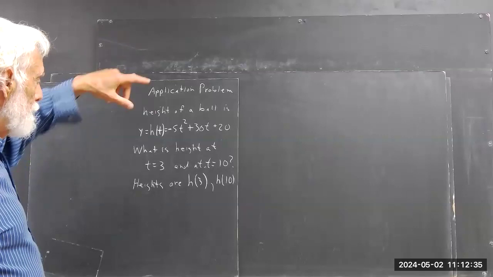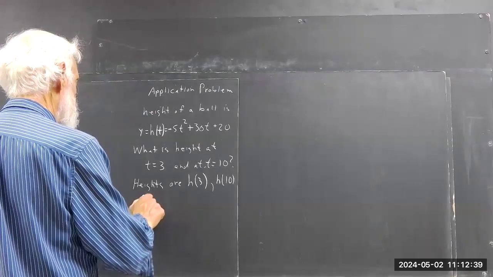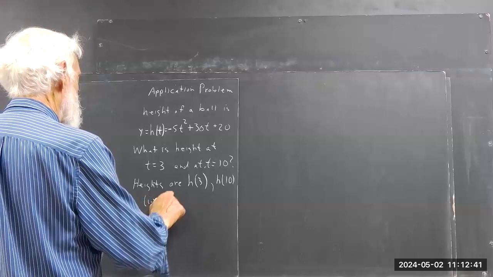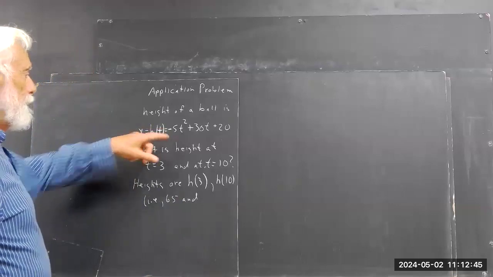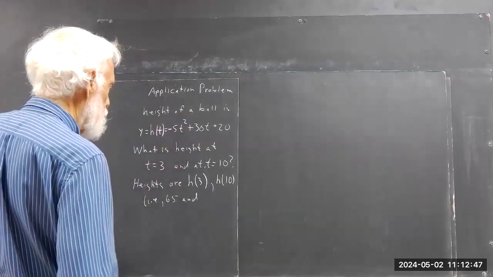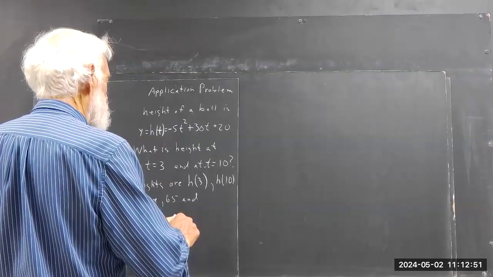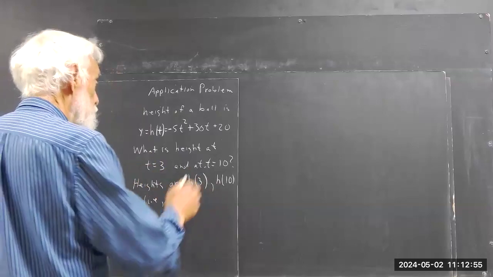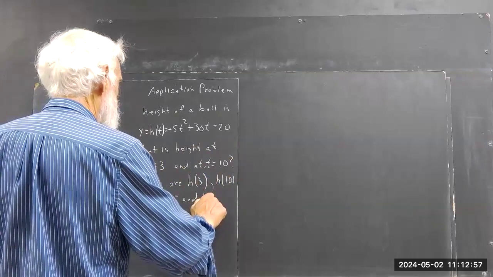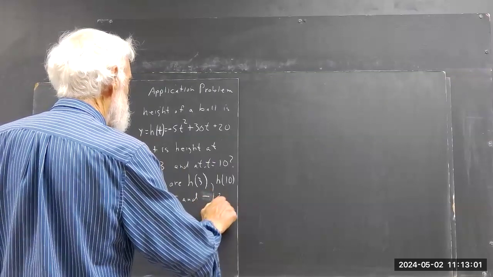Negative 45 plus 90 plus 45. You're going to get 65. And for 10, you're going to have negative 500 plus 300, which is negative 200. And then add 20, and you're going to get negative 180.